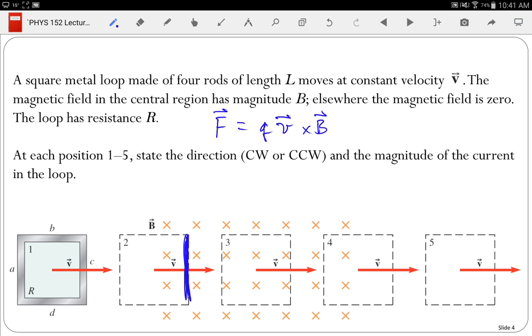Index finger goes in the direction of the first item in the cross product, which was V. So I point my index finger to your right. And then I need to orient my hand so what happens next? Okay, middle finger points to the direction of B, the second item, so I rotate it like this, and my thumb is pointing up. So that means my mythical positive charge is going to go up. If positive charge goes up, what does that tell you about current direction?